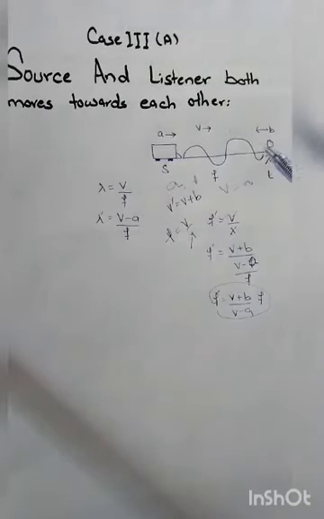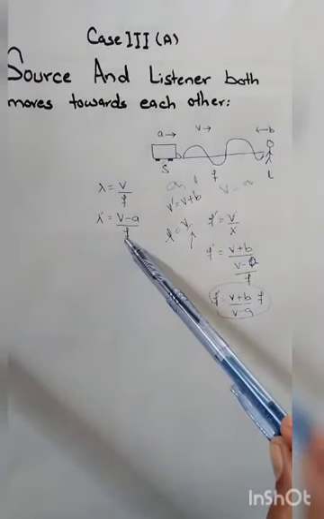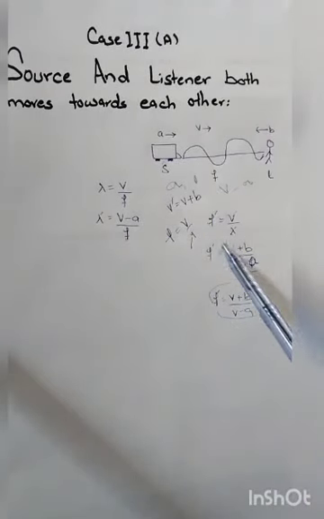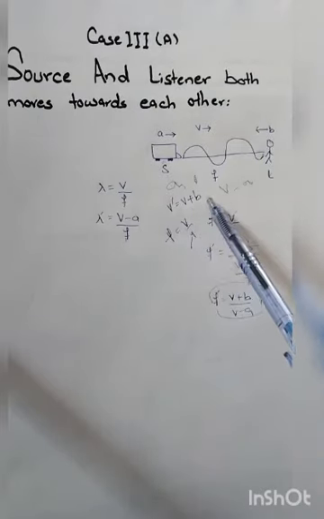When the sounding source and listener both move towards each other, due to the motion of the sounding source the wavelength decreases. Since frequency is inversely related to wavelength, the frequency increases. Frequency is directly related to speed, so due to the motion of the listener towards the sounding source, the speed increases, and the new speed becomes v plus b.